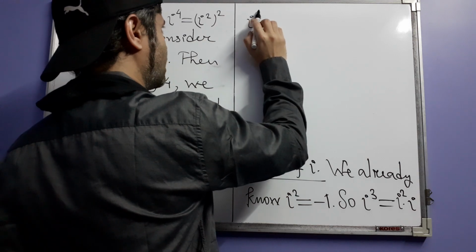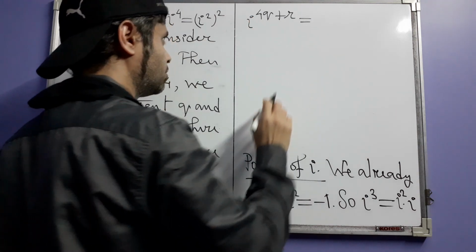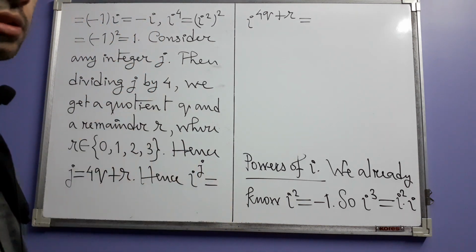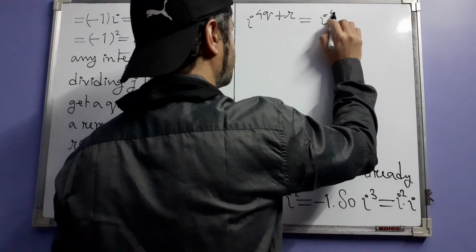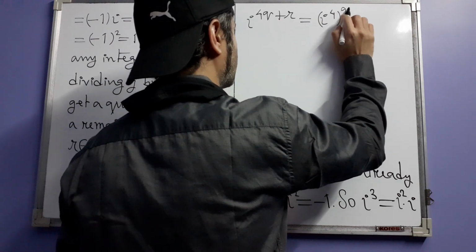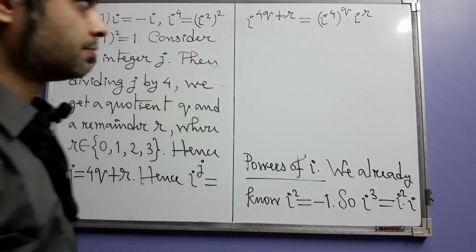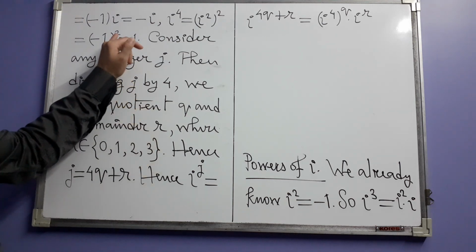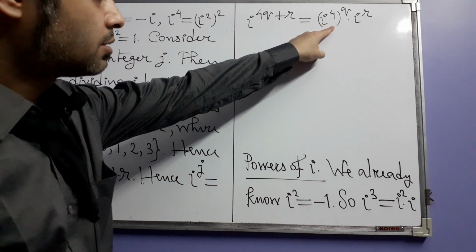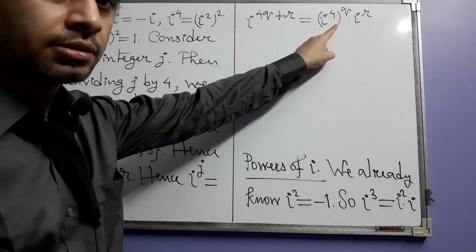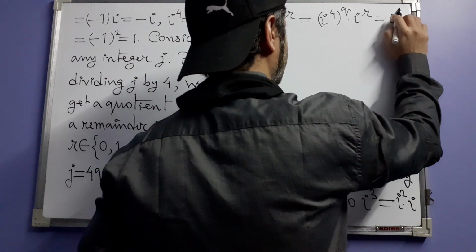So this becomes i to the power 4q plus r. Now if you use the usual rules of exponents, you will get i to the power 4 whole to the power q times i to the power r. But you have already calculated that i to the power 4 is 1. So this power vanishes and you are left with i to the power r.